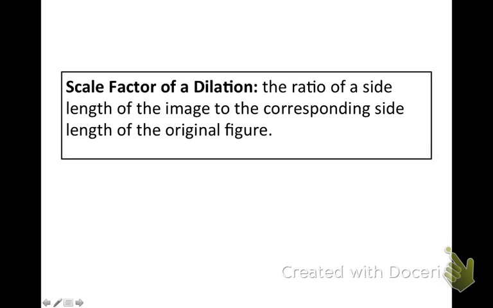So your scale factor is the ratio of a side length of the image to the corresponding side length of the original figure.